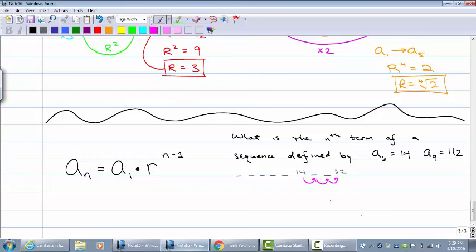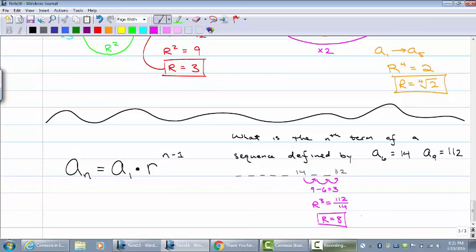It's 3 iterations, and 9 minus 6 equals 3 iterations, which means that R is the value of 112 over 14. R equals 8. So now I know what R is.